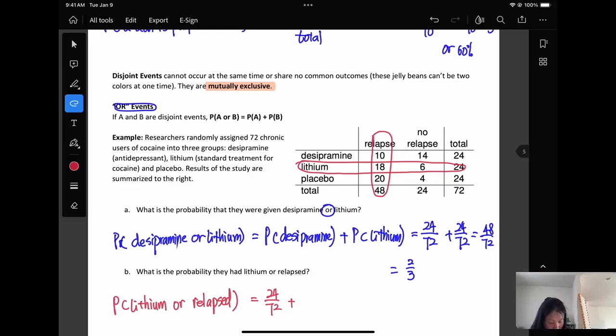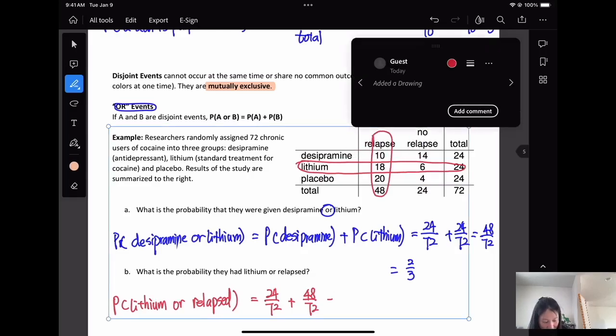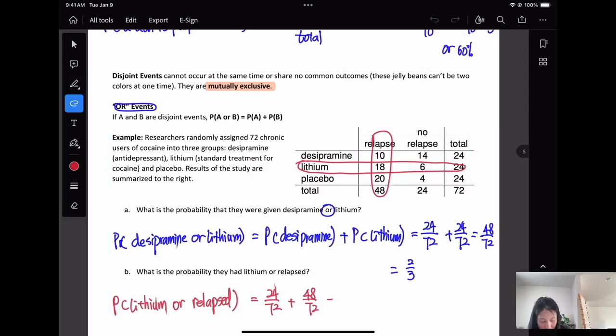The total number of people who relapsed is 48 out of 72. But here is the tricky part, we need to be careful. The 18 is the number that we overcounted twice.